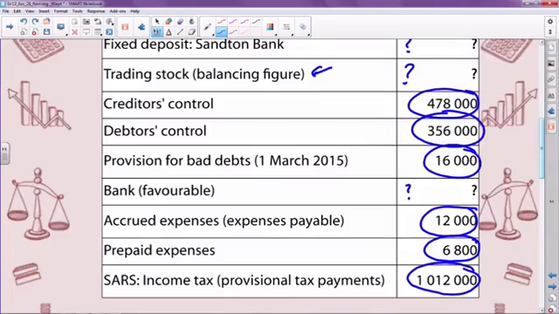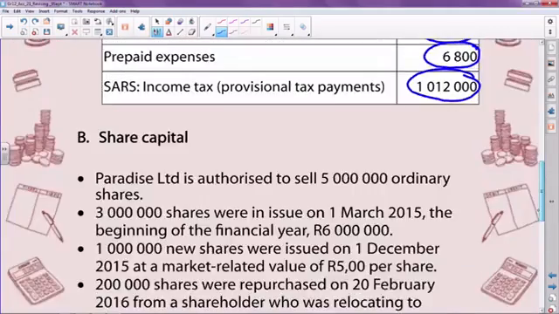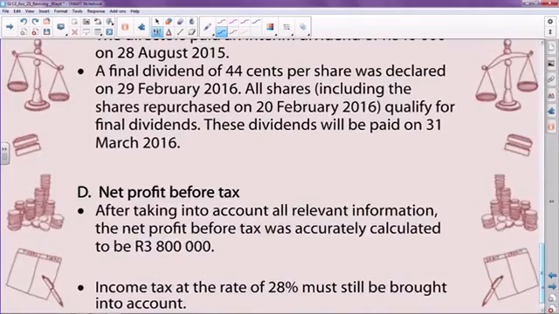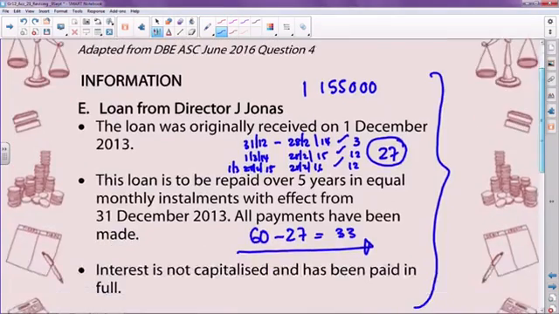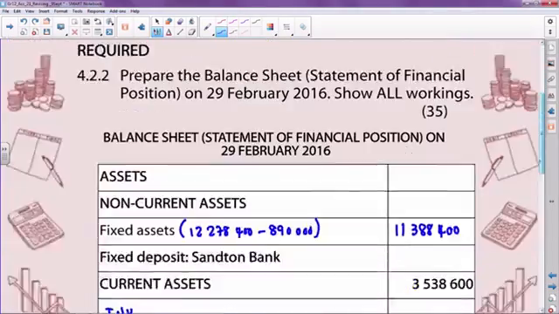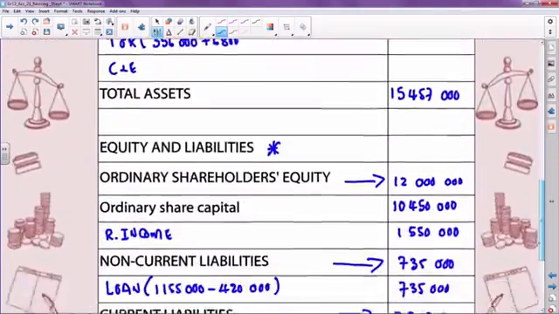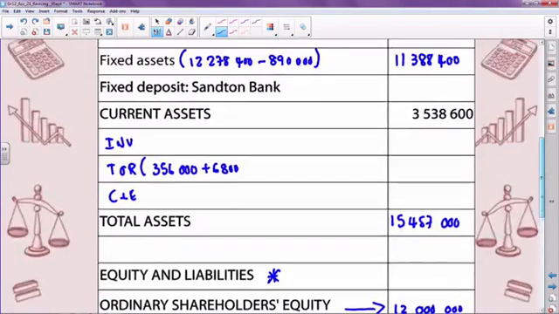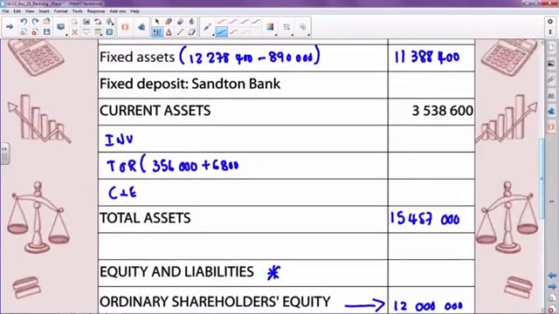Now we come to provision for bad debts, 16,000 at the beginning of the year. All right, what am I told about my provision for bad debts? Let's see, what information do I have? There should be information, there it goes. The provision for bad debts must be maintained at 5% of outstanding debtors. Okay. Into my balance sheet, I know my debtors are standing at 356,000, so immediately I say fine.